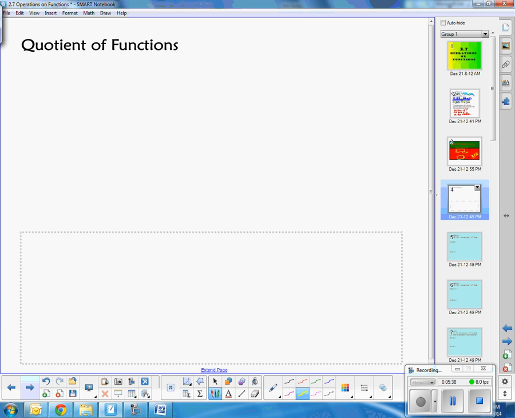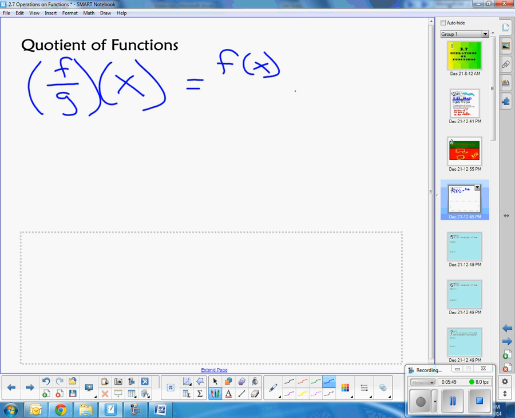The quotient of functions following the same line that we've been working on. If I have two functions, I divide them, then evaluate it at x. That's the same as saying I could figure out f of x, I could figure out g of x, and divide them. The only thing I have to be careful for here is that g of x cannot be equal to 0. Whatever value makes g of x equal to 0 would give us a 0 in the denominator, and we can't have division by a 0.